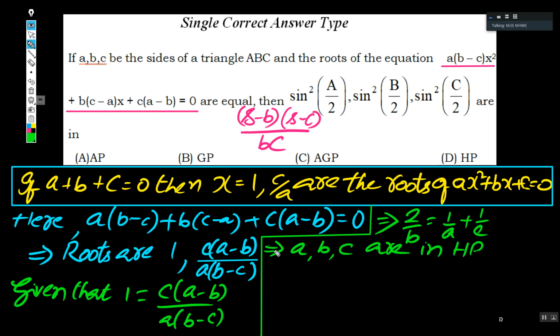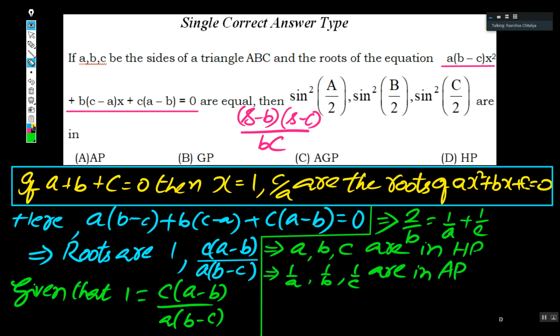1 by a, 1 by b, 1 by c are in AP. Multiply with abc. I'll show you like this. Simply I'll write a step so that you will understand everything. So bc, ca and ab will be in AP.